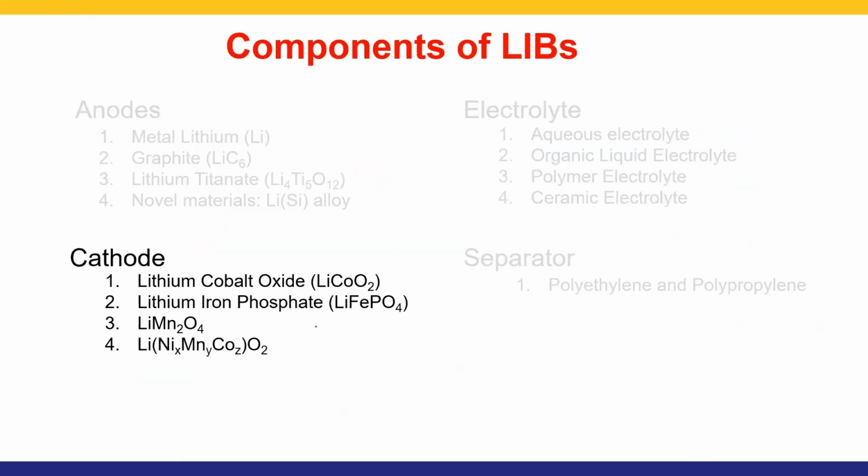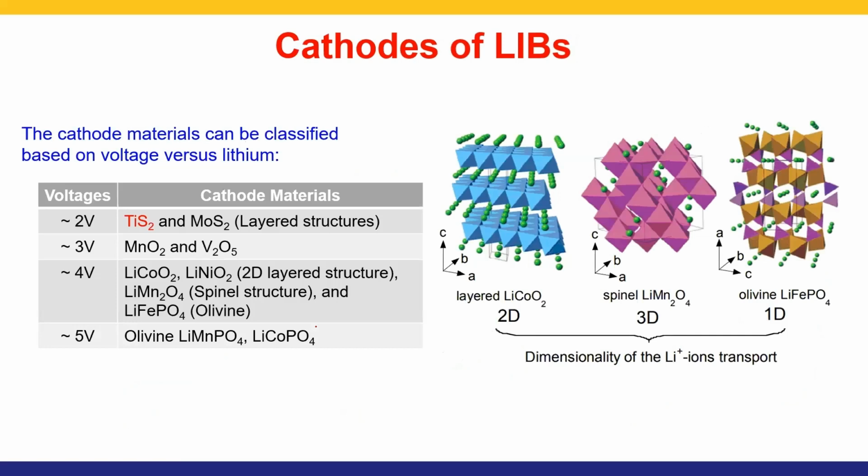And then we come to cathode. One important point I forgot to mention is that both anode and cathode should have good electrical conductivity and also good ionic conductivity. The former allows electrons to transport easily and the latter allows the ions to transport easily.